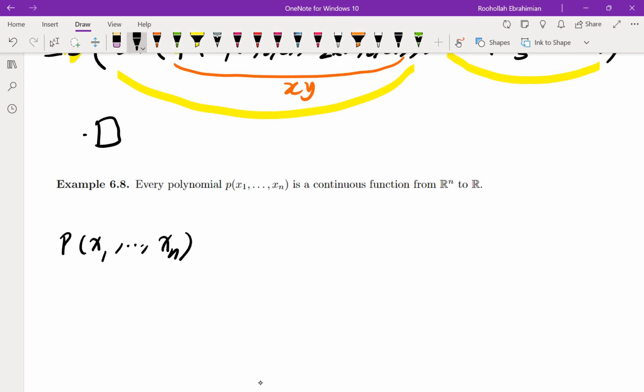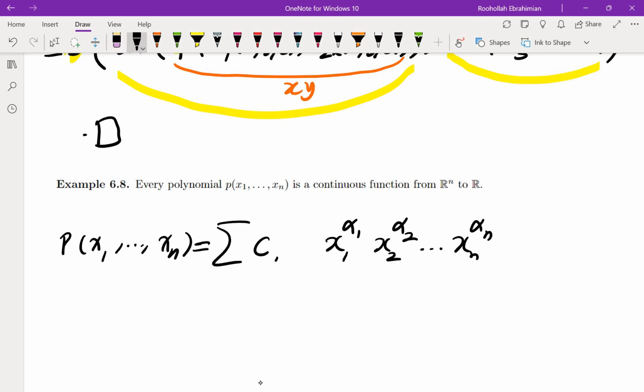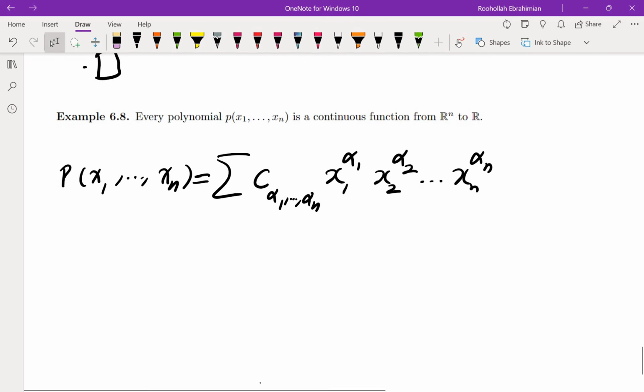So you take x1 through xn, and then you look at a sum, some coefficient, and then x1 to some power, let's say alpha 1, x2 to another power alpha 2, xn to another power alpha n, and these constant coefficients are real numbers and they would depend on the exponent. So this would be a sum, let's say c sub alpha 1 through alpha n. So we want to show that this is continuous.